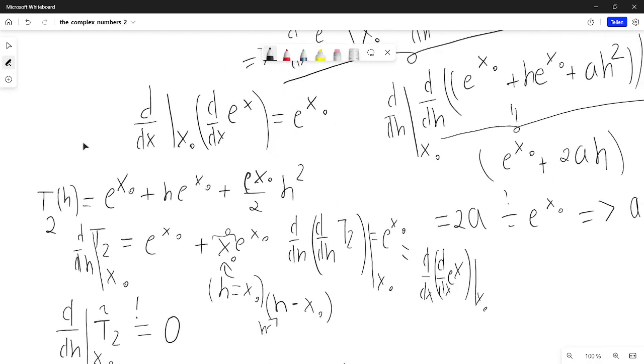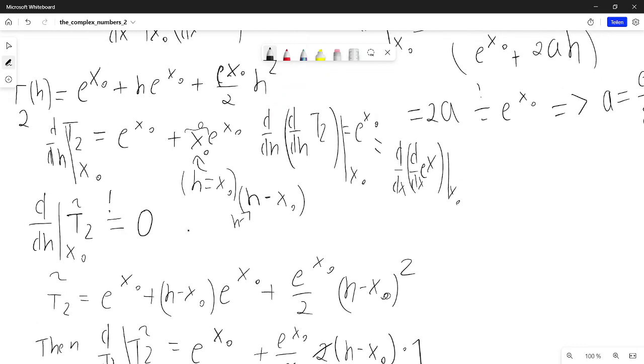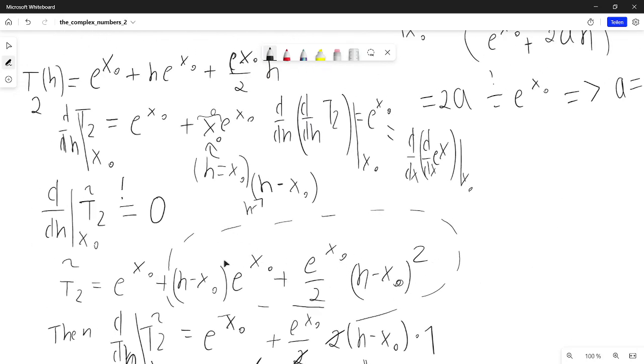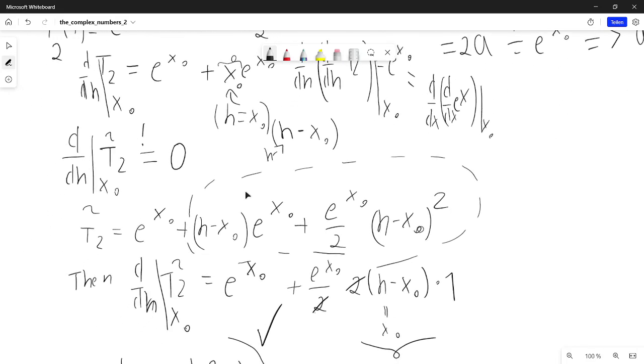Well, you see, now this thing is your approximation, right?